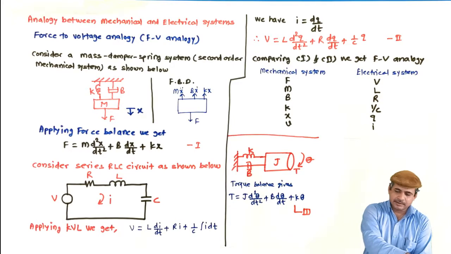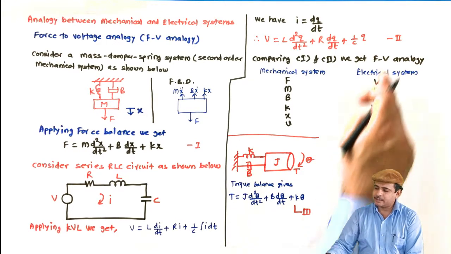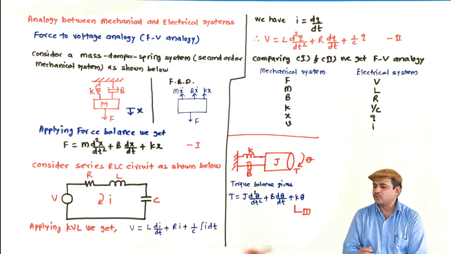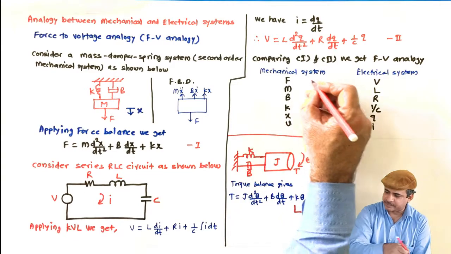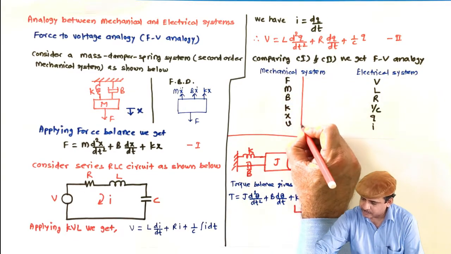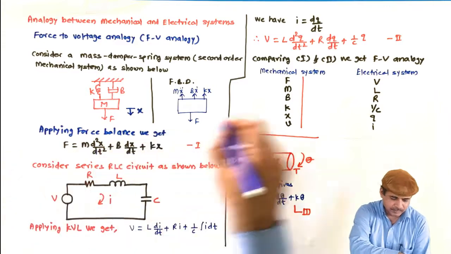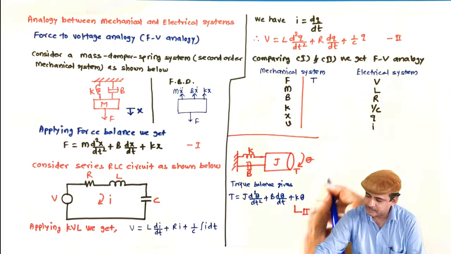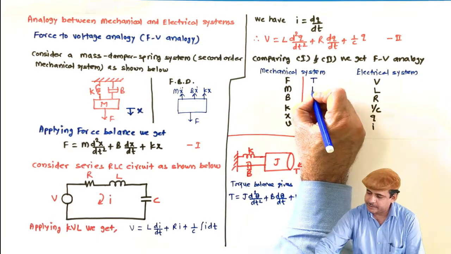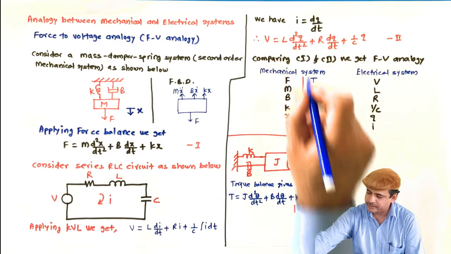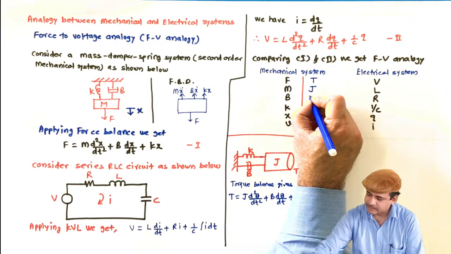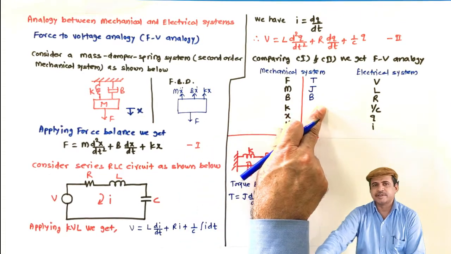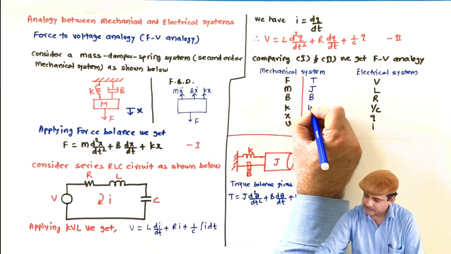So comparing 2 and 3, I get the torque to voltage analogy. So torque is analogous to voltage V, then inertia J is analogous to inductance L, B will remain the same, just here it is a damper, here it is a viscous friction.